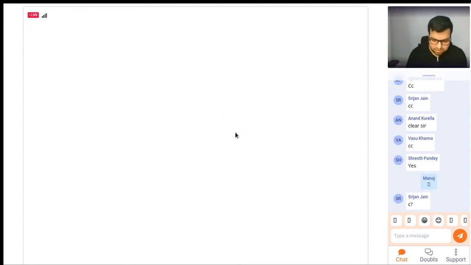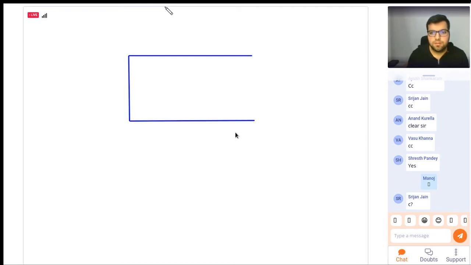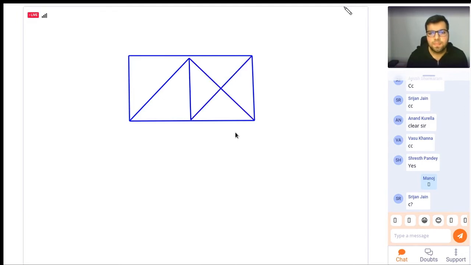So see, I'm drawing the diagram again. Okay, so this is the rectangle and I have to draw it within the two parabolas.